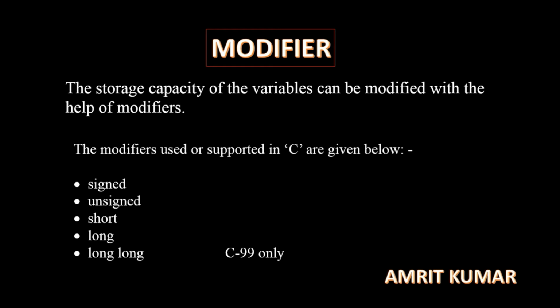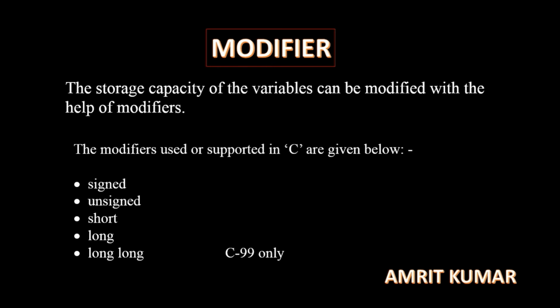In this video we are just learning about the modifiers and their types, and in the next video we will talk about signed, then unsigned, then short, then long, and finally long long.